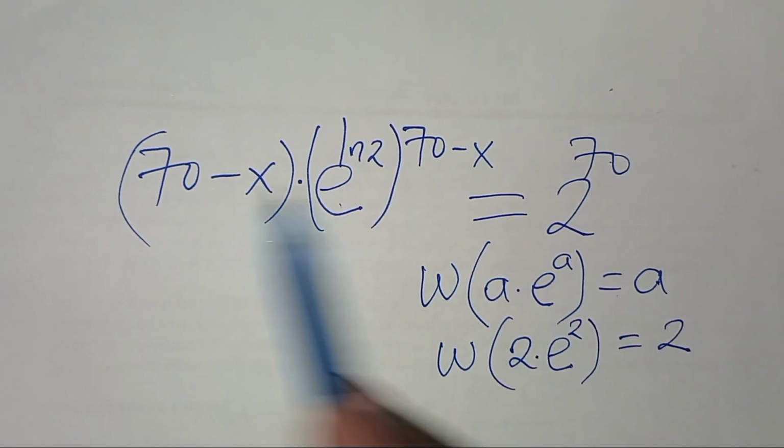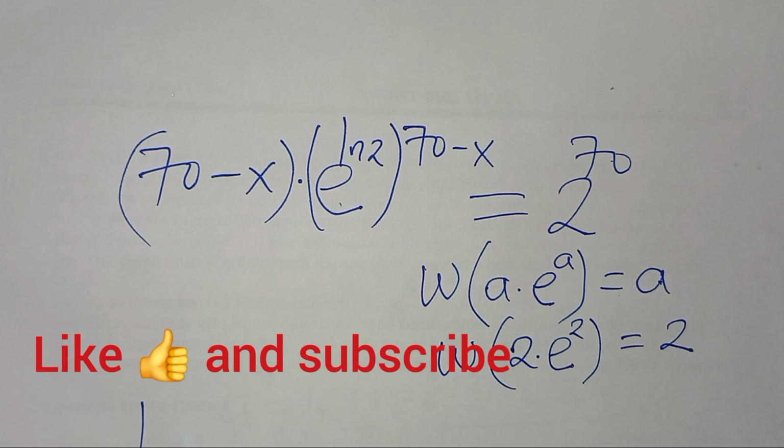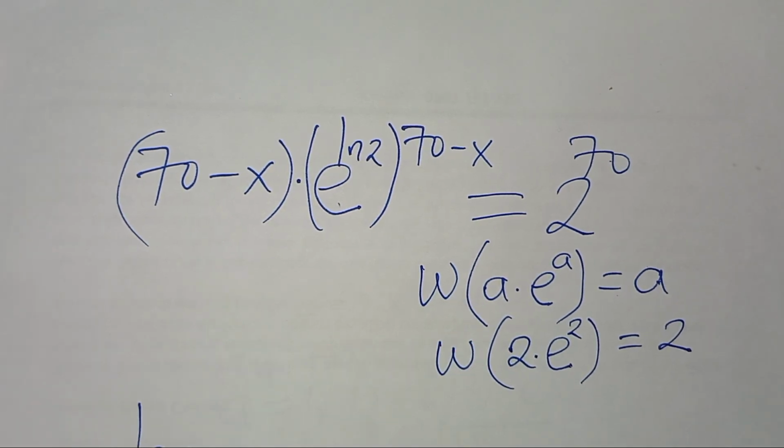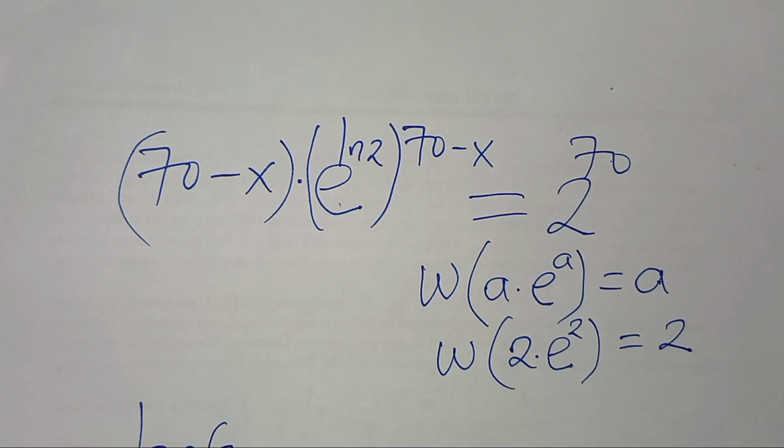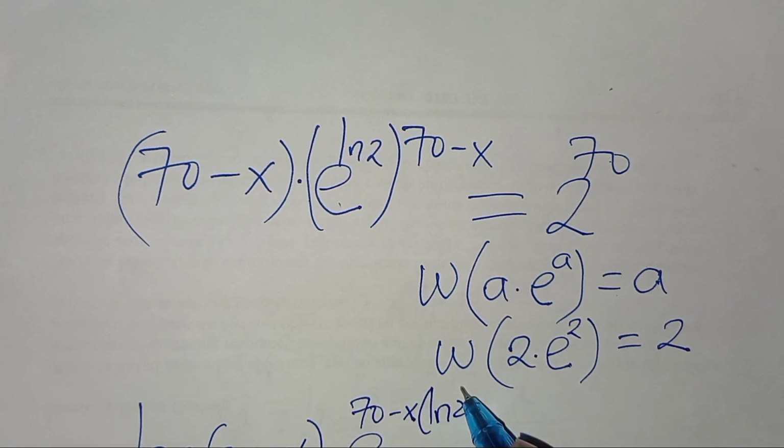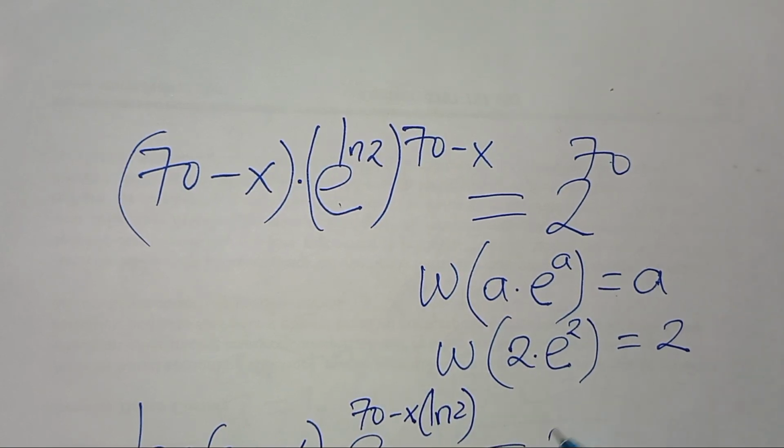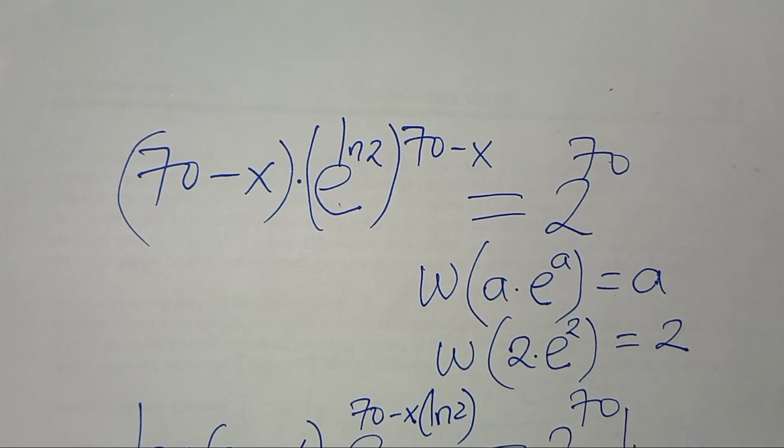So from what we have here, let's introduce the natural log of 2 on both sides, so that we'll have natural log of 2 times 70 subtract x, e to the power of 70 subtract x multiplied by natural log of 2, equal to 2 to the power 70 multiplied by the natural log of 2.